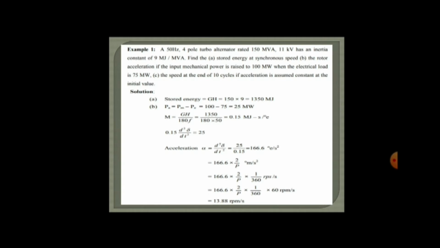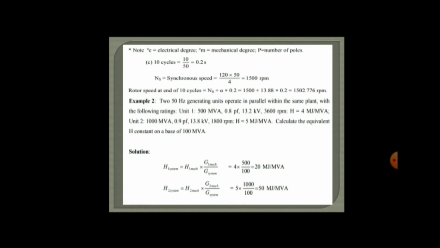You can convert into RPM per second: 2 by P into 60 by 360, you will get 13.88 RPM, revolutions per minute per second.